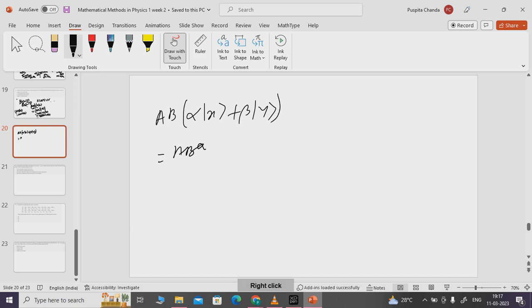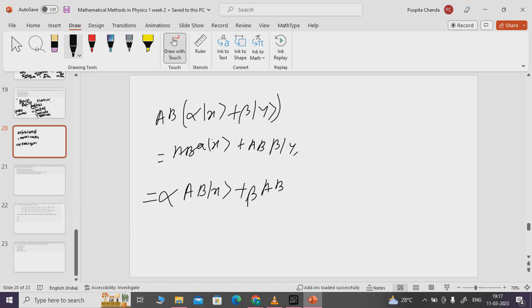To prove it, AB alpha x plus AB beta y is alpha ABx plus beta ABy.